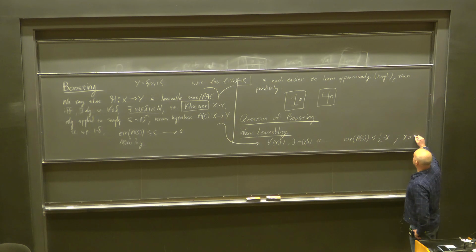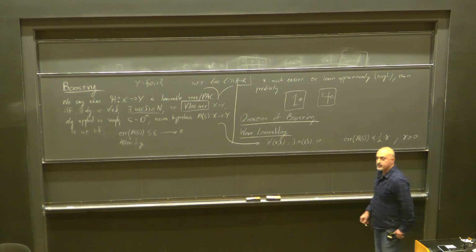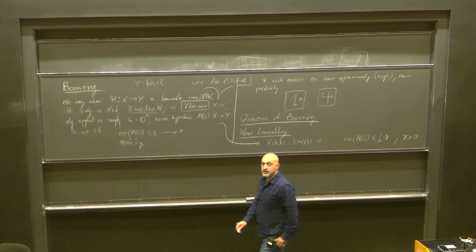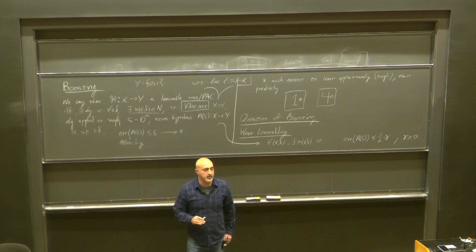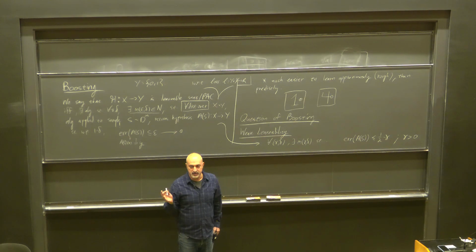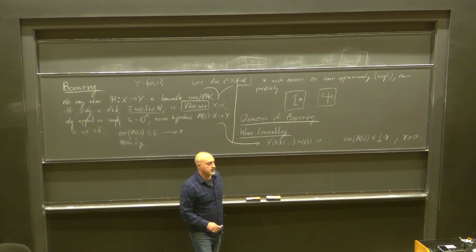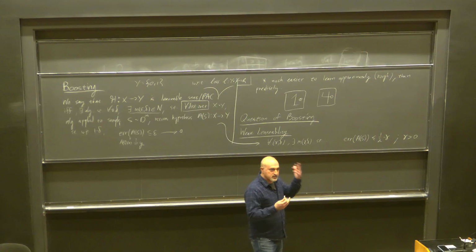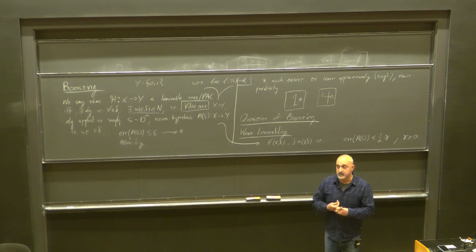Gamma is some small constant bigger than 0. I'm now talking only about binary classification, 0-1 loss. And realizable setting, meaning there is a hypothesis that gets everything correct, 0 loss. You can generalize it in many, many ways, and maybe we'll get to it.